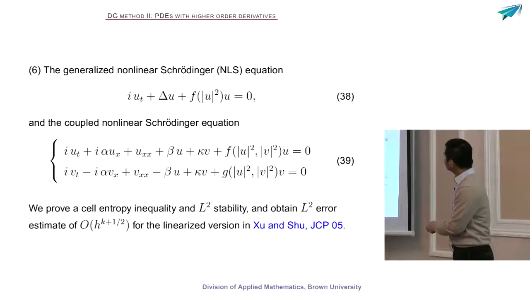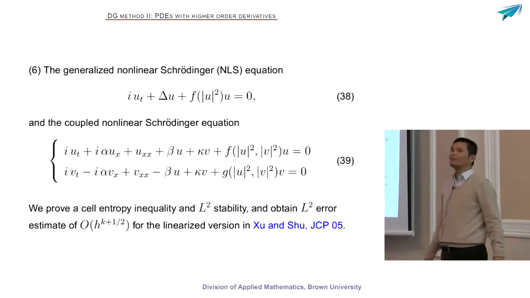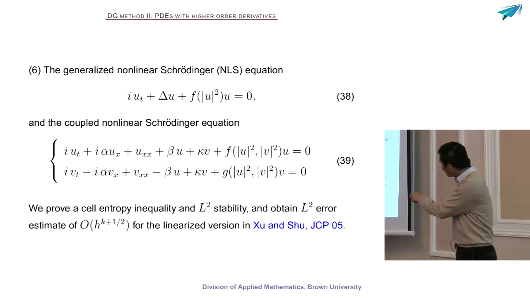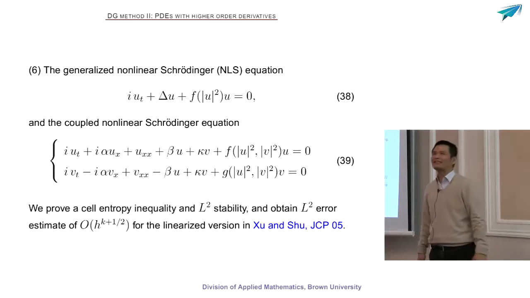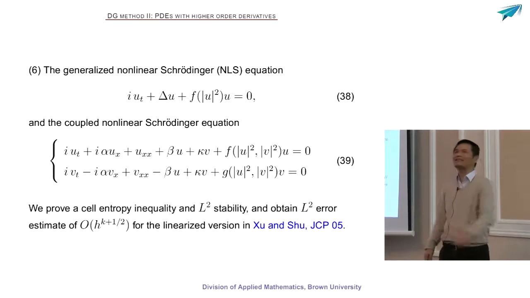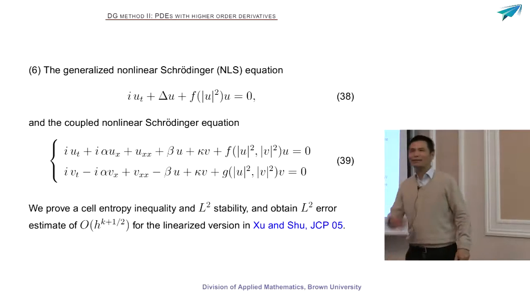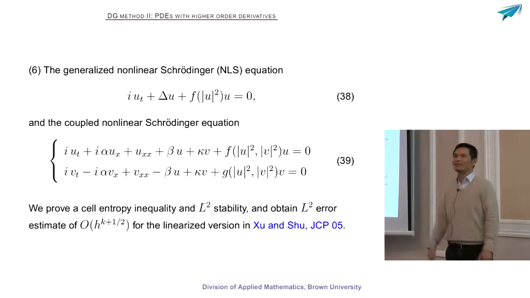Okay, and this is Schrödinger, also a very important wave equation, but this one doesn't belong exactly to even or odd derivative because of this i. Even if this is a second derivative, it is still a wave equation, so it's a special case. Usually I use this as an exercise in my first graduate course in finite difference. I asked them to design a scheme and perform stability analysis.